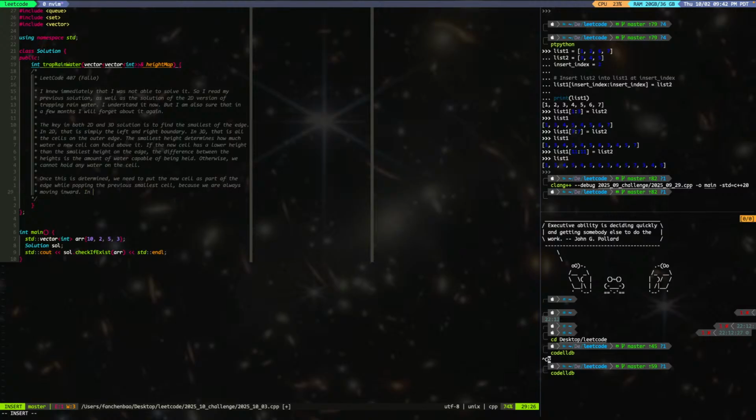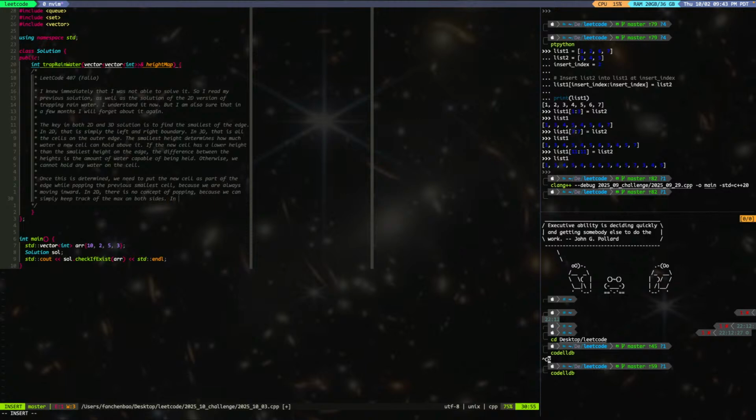So in 2D, there is no concept of popping, because we can simply keep track of the max on both sides.